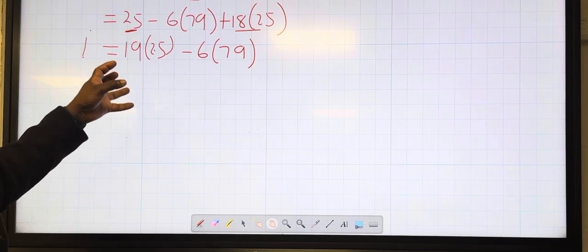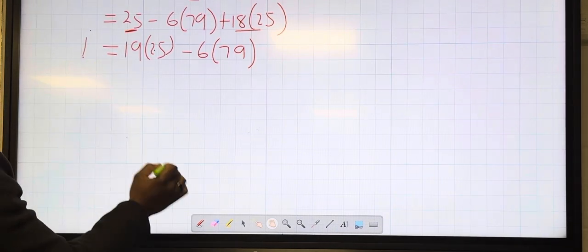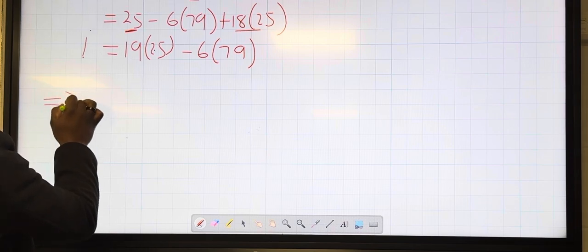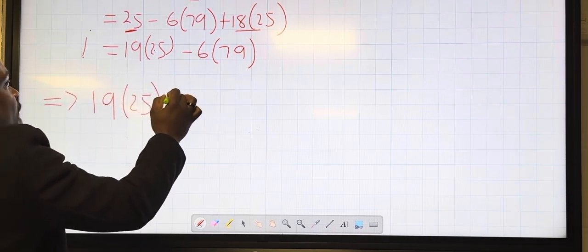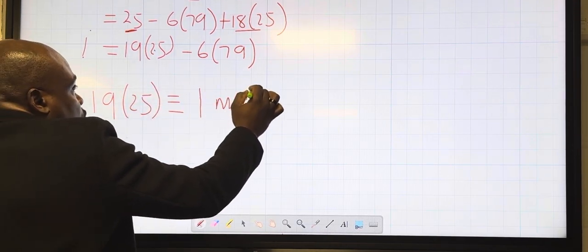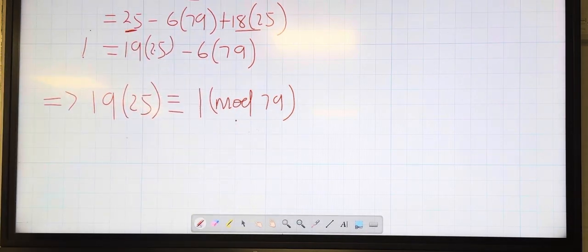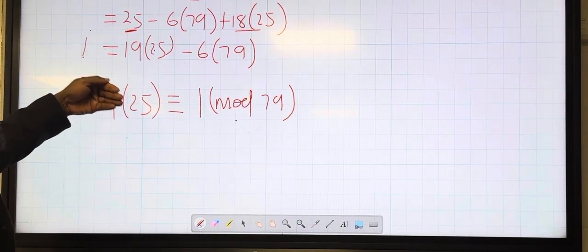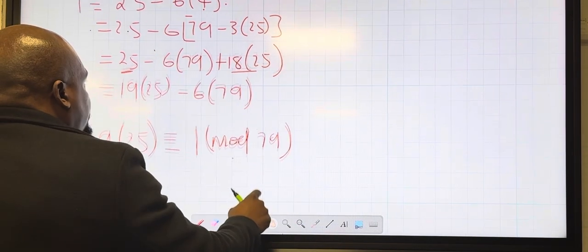What does this tell us? According to the algorithm, this implies that 19 times 25 is actually congruent to 1 in mod 79. That's what this actually tells us. In fact, the correct way to say it is 19 is the multiplicative inverse of 25.